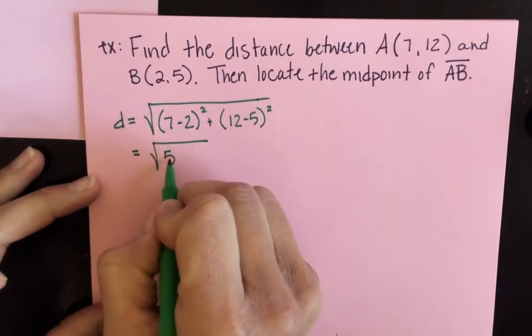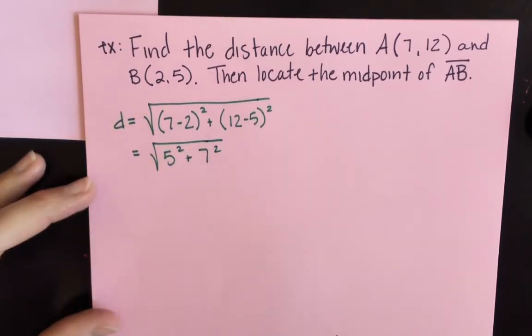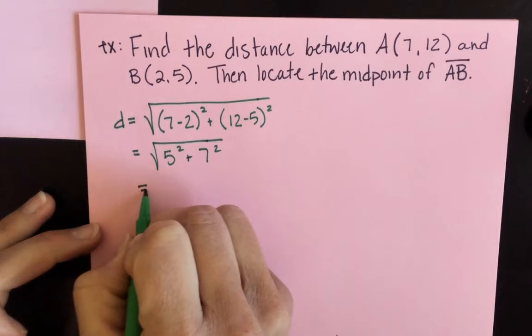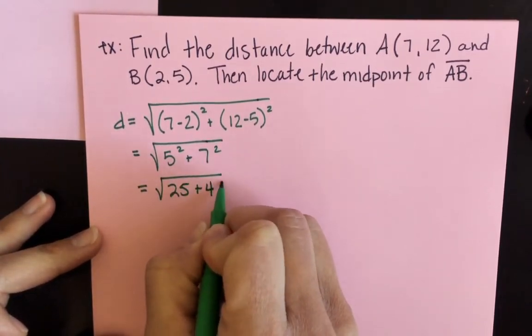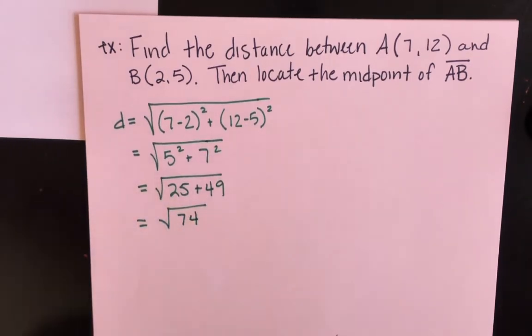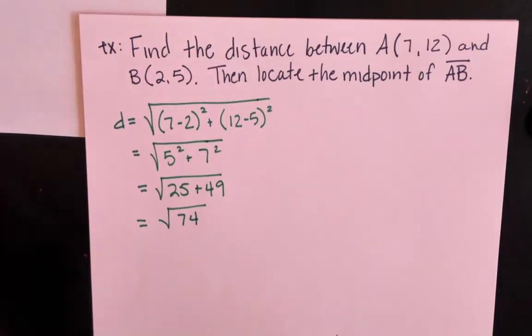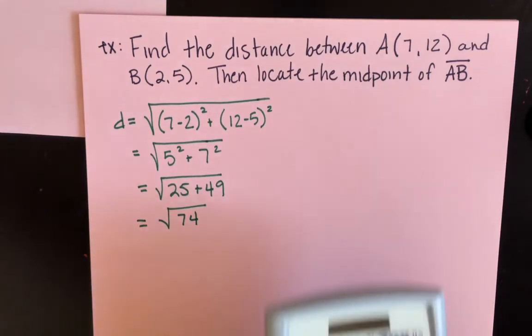We end up with 5 squared plus 7 squared. And we end up with the square root of 74. And I would venture to guess that that is going to be it.